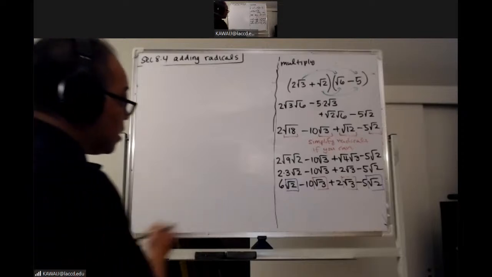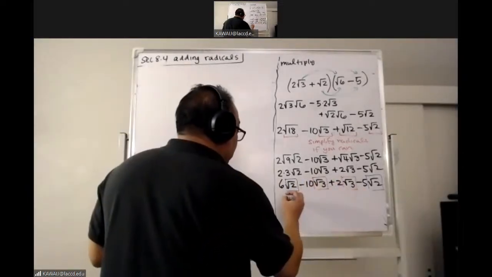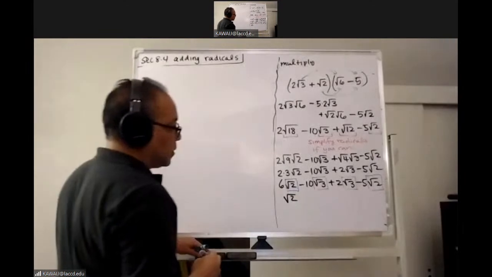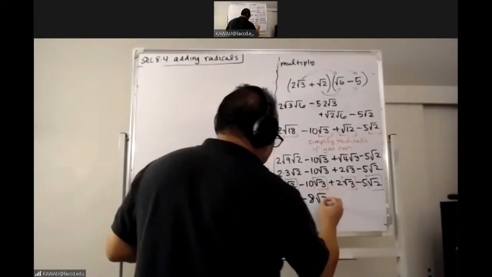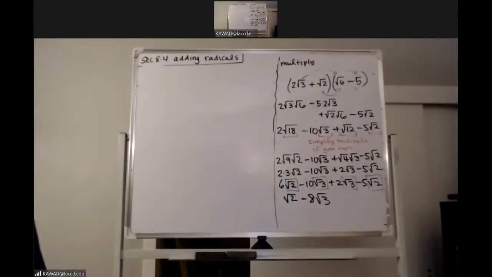Okay. So 6 minus 5 is 1 square root of 2, and minus 10 plus 2 is minus 8 square root of 3. And then you're done.